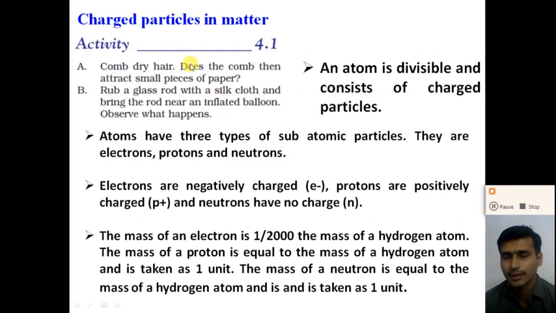So first, let us start with the charged particles in matter, right? What are the different types of charged particles in matter? We will see with the help of an activity.